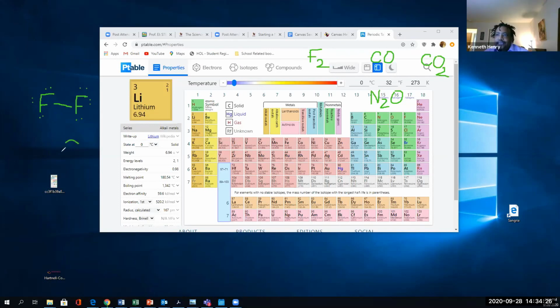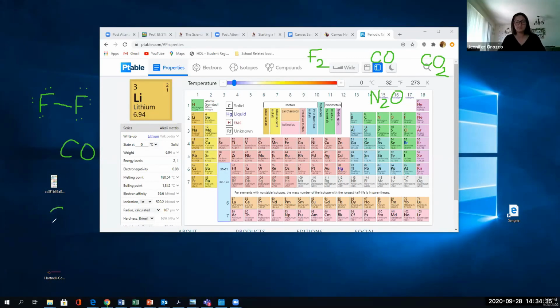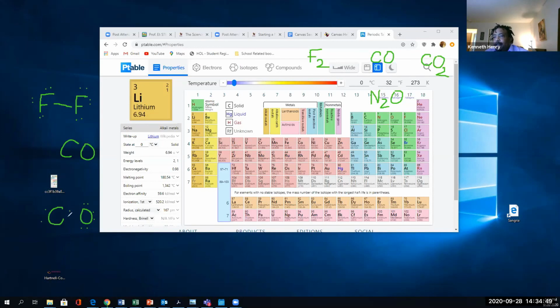Now let's look at CO. How many valence electrons does oxygen have? 6. Okay, so let's see. 1, 2, 3, 4, 5, 6. And carbon? 4. 1, 2, 3, 4. Okay, so how many are these guys going to have to share so that both have 8 around them?